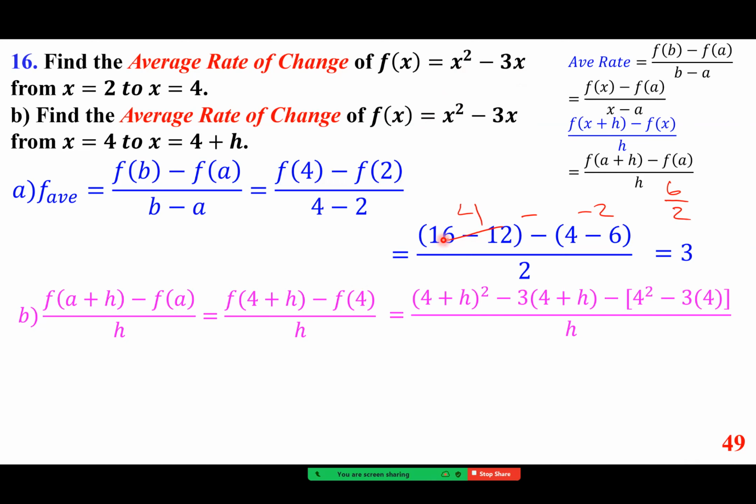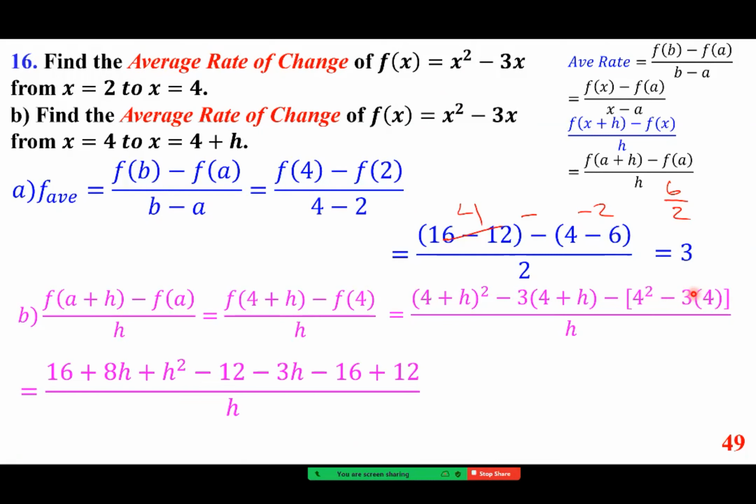So this becomes 16 plus 8h plus h squared minus 12 minus 3h. And if we were to write this, this is 16 minus 12, so minus 16 plus 12, if you want to go that route. The reason I kept it as that is because I hope everybody can see that this one, this one, this one, and this one add up to 0.